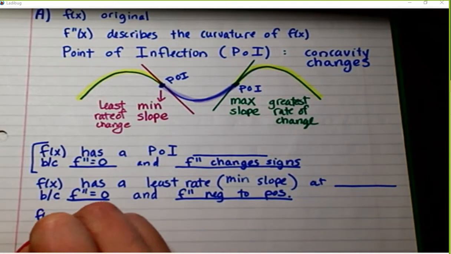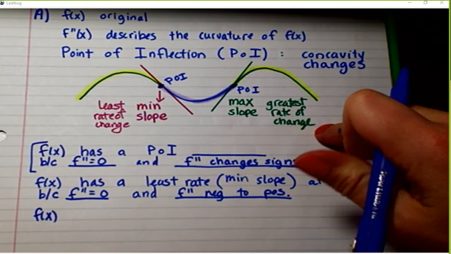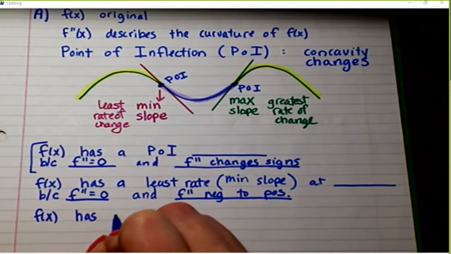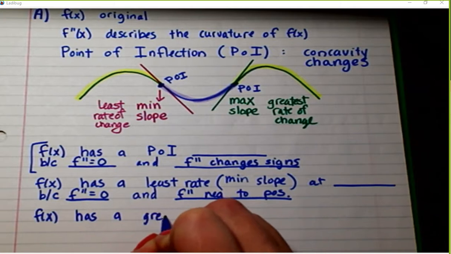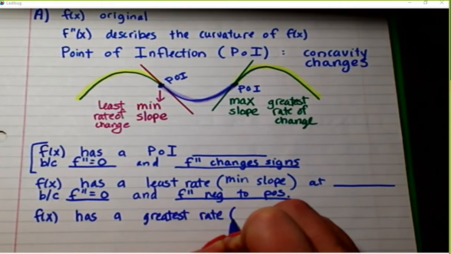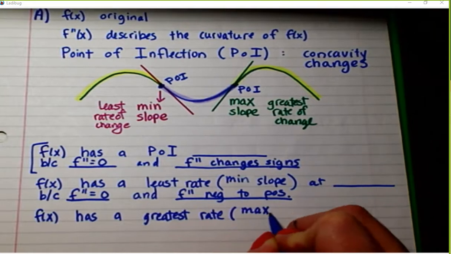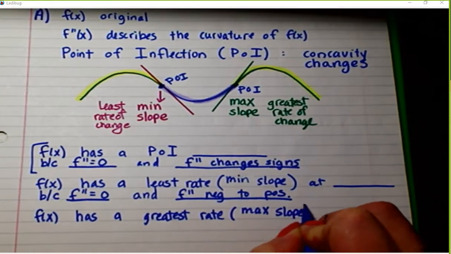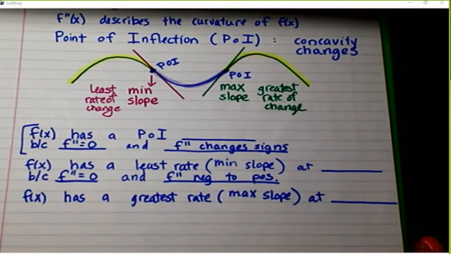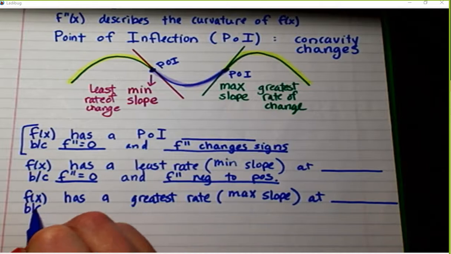All right, so we're going to write the same sentence, but we're going to do it for the greatest rate. F of x has greatest rate, which is a maximum slope at, because when you're looking at a picture, thinking of the biggest slope, you can kind of eyeball it, right? But this is actually going to calculate it.